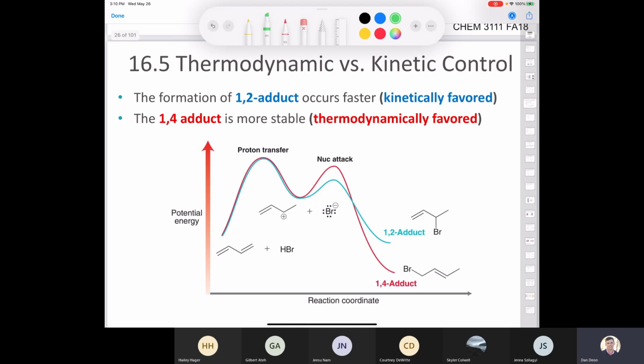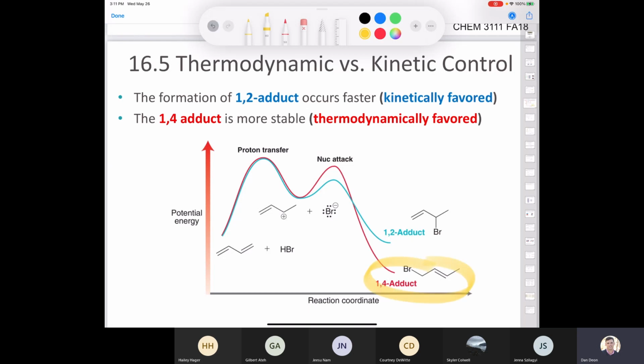So if we take a look at the first step, the proton transfer is the same for both. We make a carbocation. And then when we do the nucleophilic attack, if we make the 1,2 adduct, we end up with a product that is higher in energy. And when we do the 1,4 adduct, we make a product that is lower in energy, or more stable.